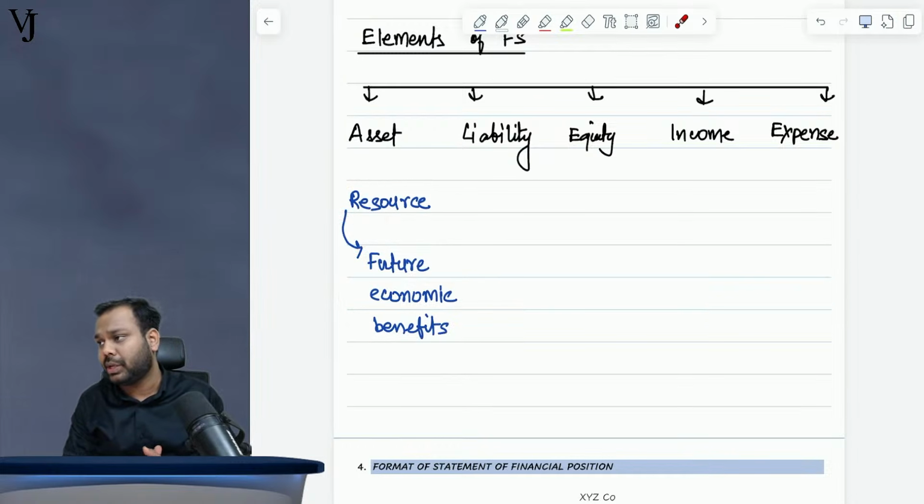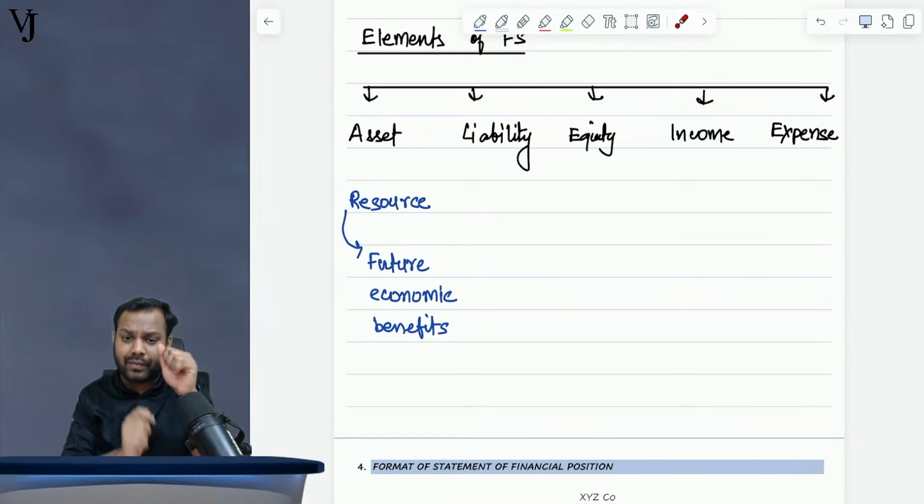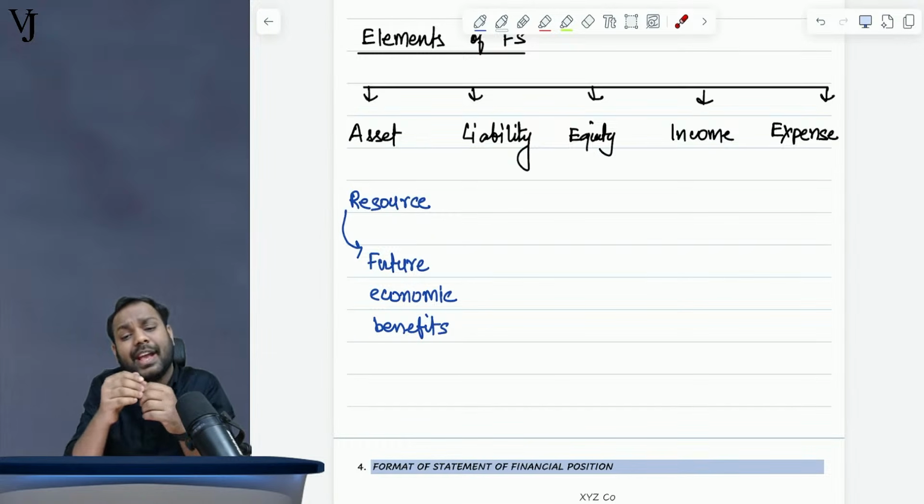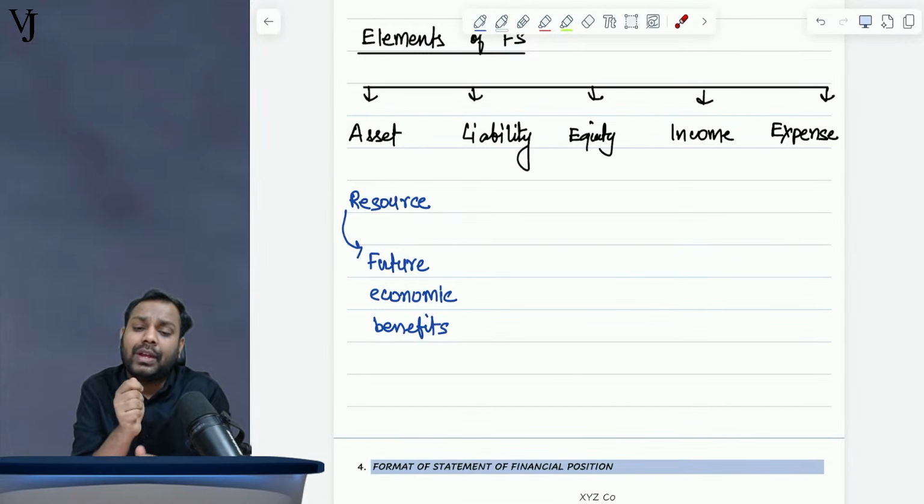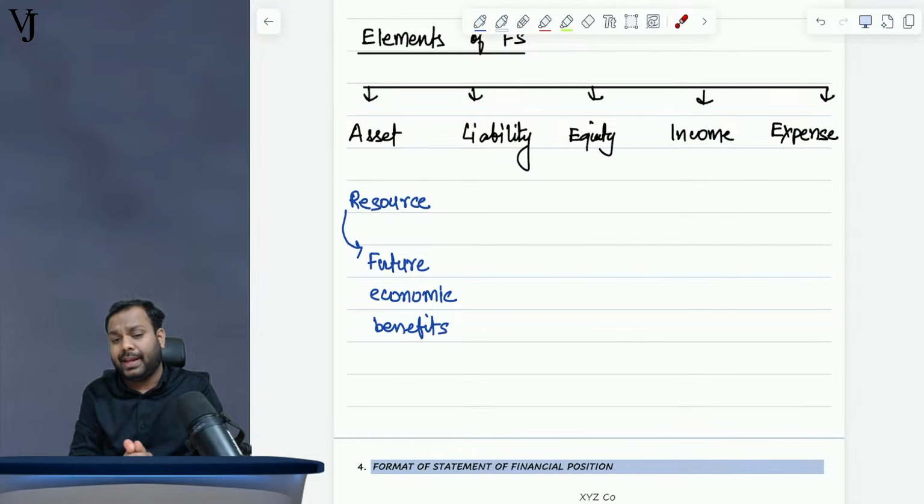Now understand one thing. To purchase an asset, we have to give cash. To incur an expenditure also, we have to give cash. How will you differentiate whether the amount which I am paying is an expense or an asset?